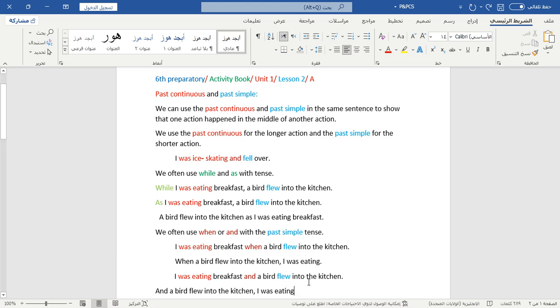I was eating. Is this sentence correct or incorrect? Is it true or false? And the bird fell out. What's happened before? What's happened before: and a bird flew into the kitchen, I was eating?